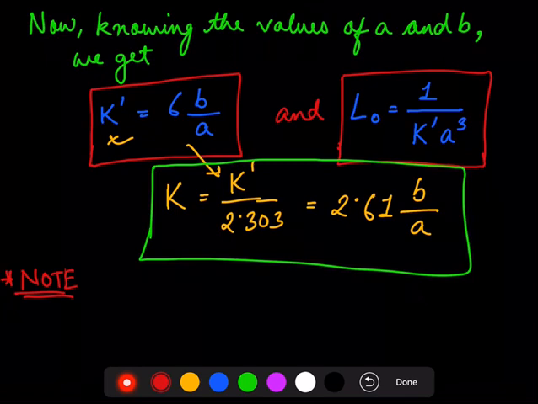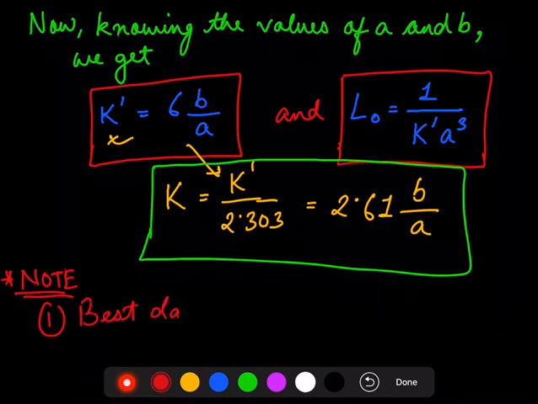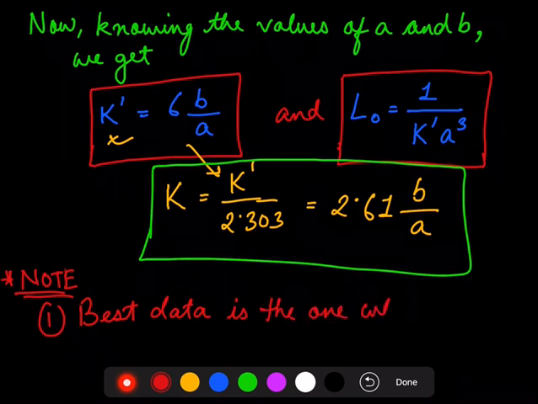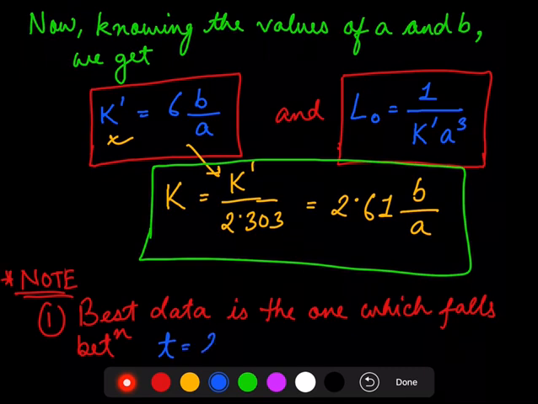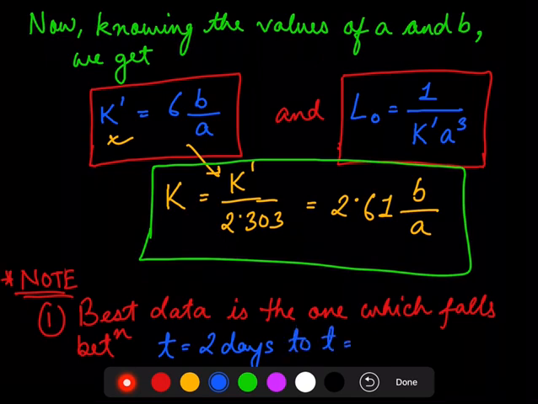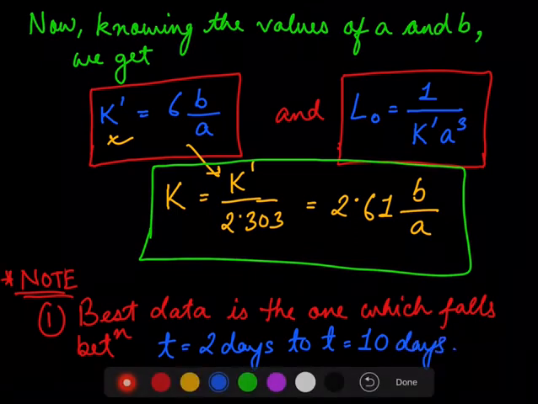Okay, so the best data according to this method is the one which falls between time t equals 2 days to time t equals 10 days.